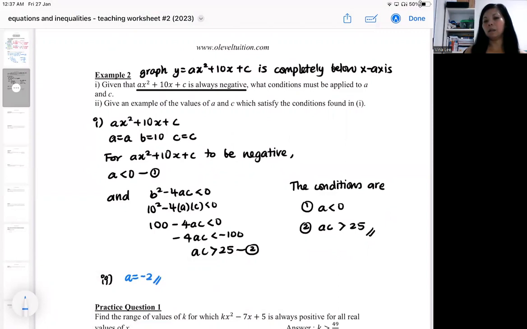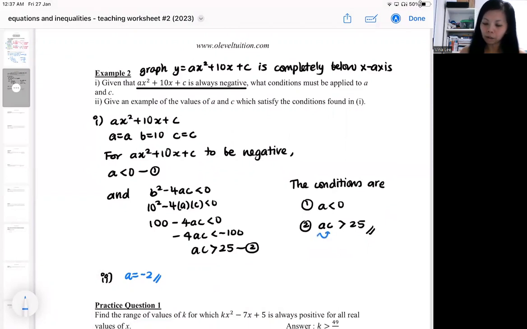So I'm choosing A to be -2. And I got to choose C in such a way that when I multiply, the product will be more than 25. So mentally, you got to choose a number C so that when you multiply by your -2, it will be greater than 25. So I'm going to choose -20.